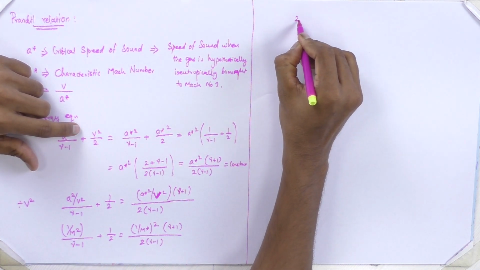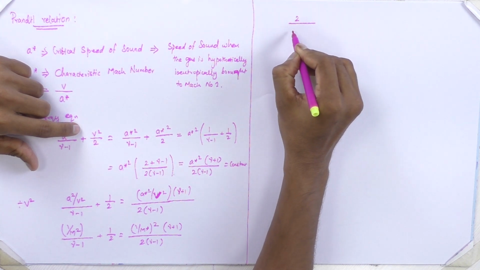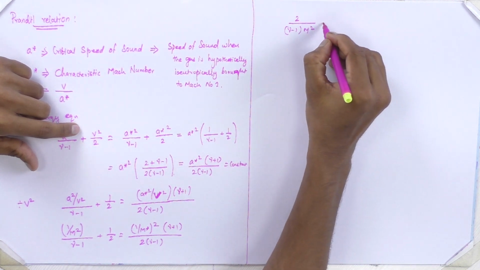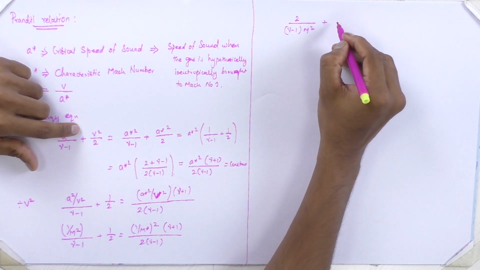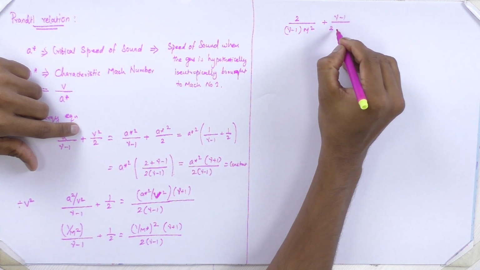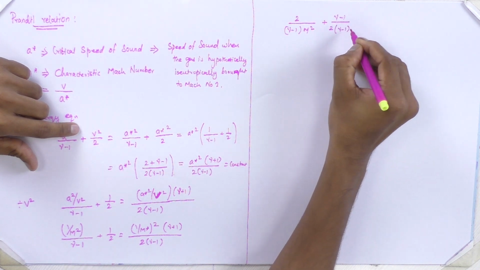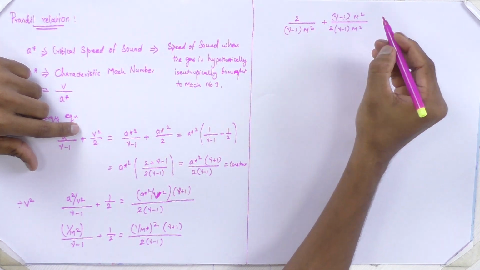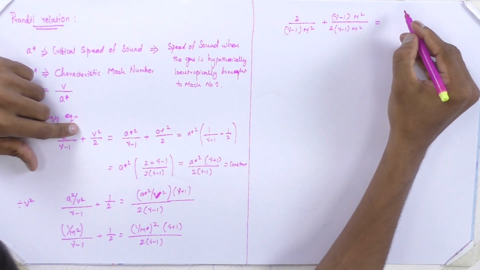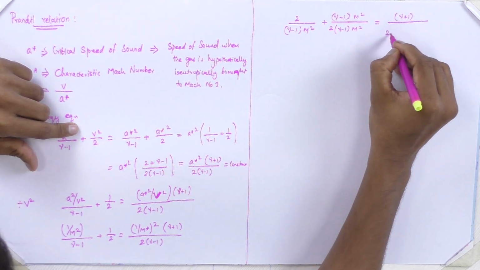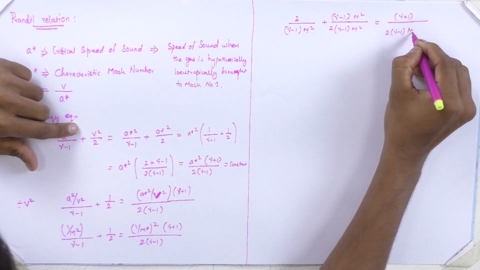So 2 divided by gamma minus 1 M squared, plus gamma minus 1 divided by 2 gamma minus 1 M squared, is equal to gamma plus 1 divided by 2 into gamma minus 1 into M star squared.